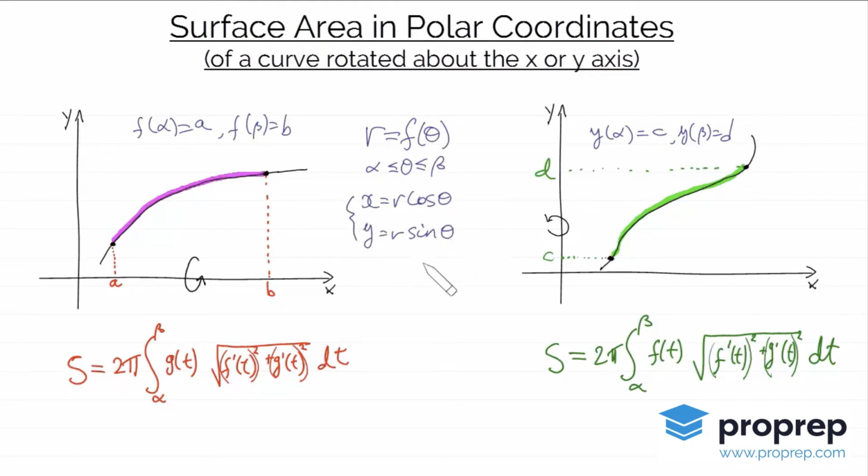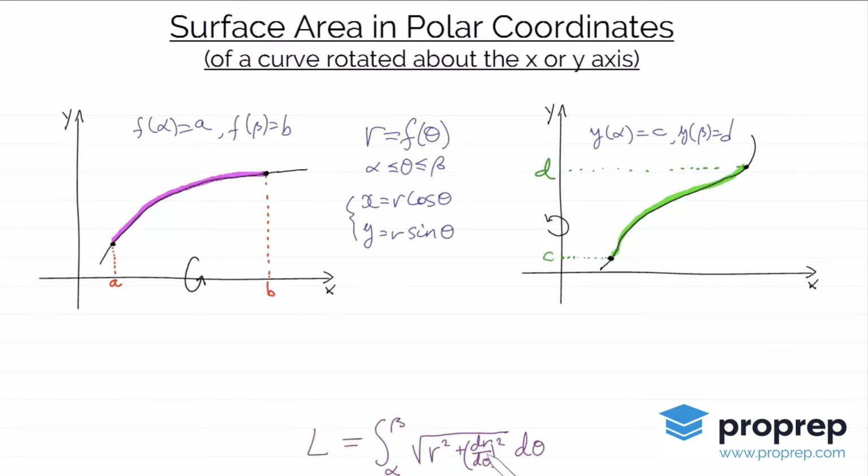I won't show you the intermediate steps. I'll just erase these formulas. And I brought in the formula for arc length, because if you remember the formula for arc length, it will be very similar to the formula for surface area of rotation. So let's see.